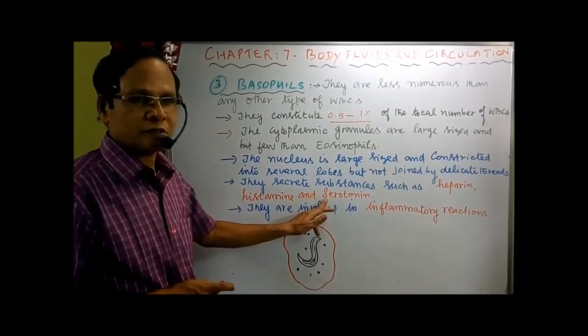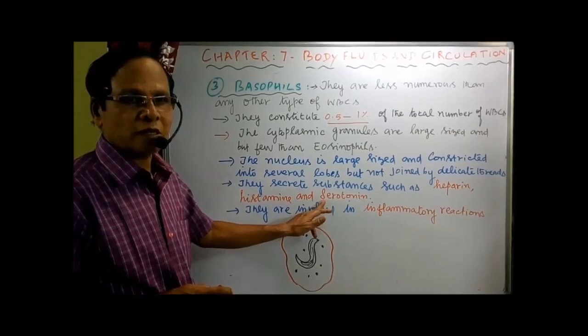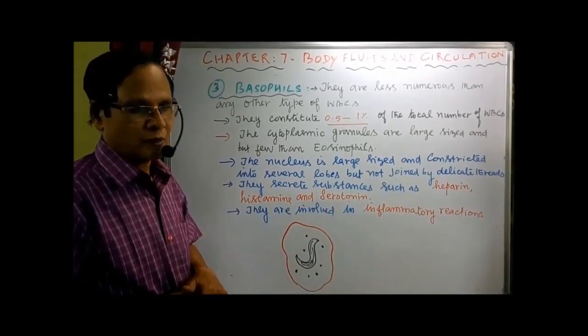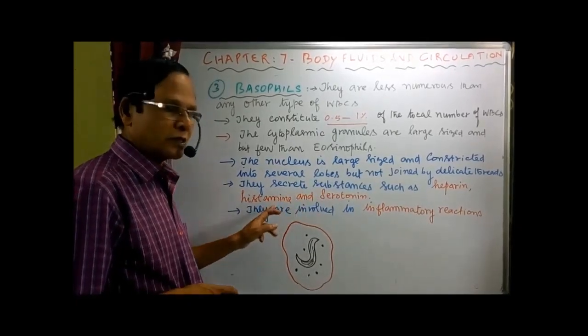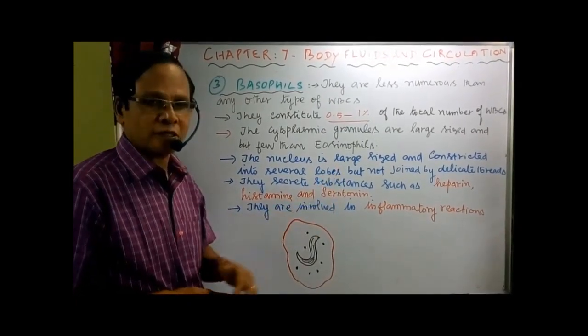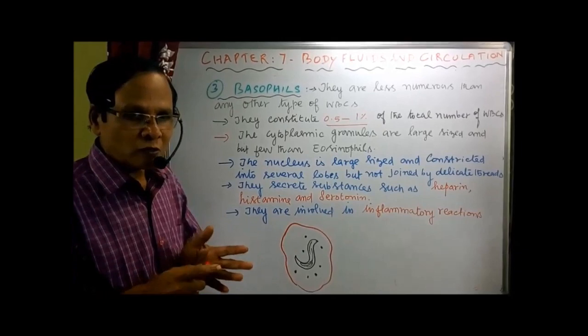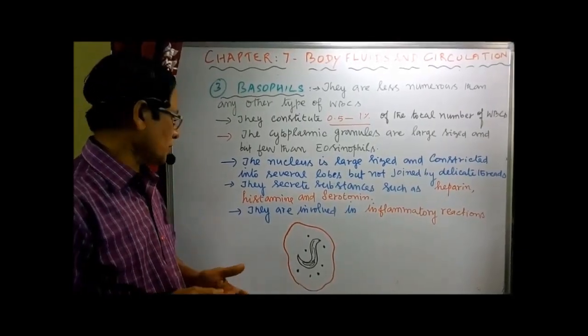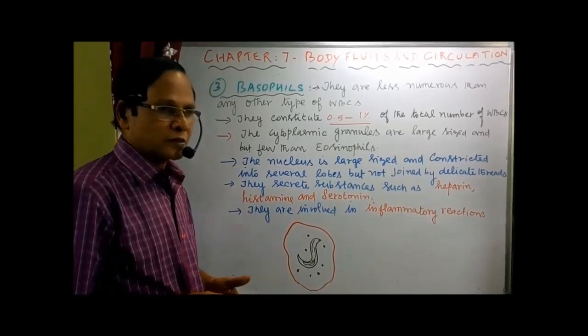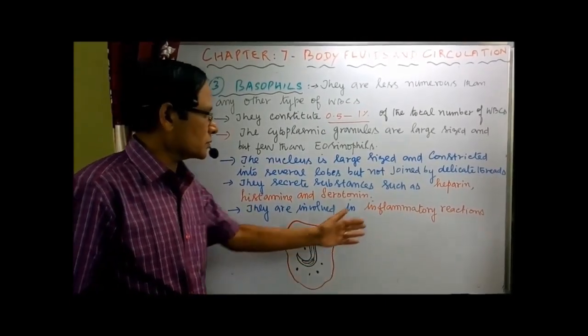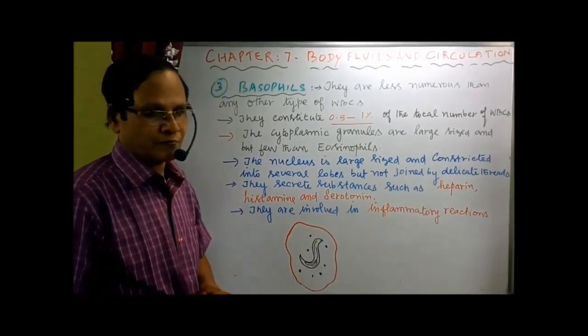Serotonin is another substance involved as a chemical alarm signal. Histamine and serotonin are related to allergic reactions, and heparin prevents the coagulation of blood, an anticoagulant. Because of releasing these substances, their main function is related to inflammatory reactions.